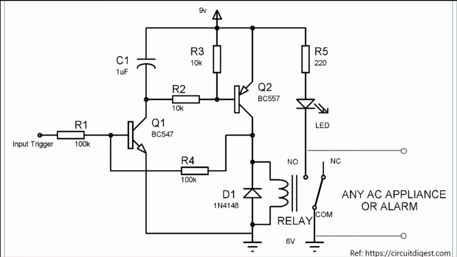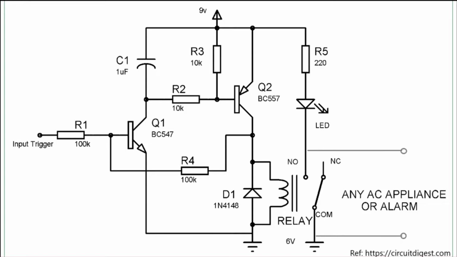If you notice, the collector of transistor Q2, that means in this part, is connected to the base of the transistor Q1 through a current limiting resistor R4, that means through this path. And when the transistor Q2 turns on, current flows in two directions, first to the relay and second to the base of the transistor Q1.